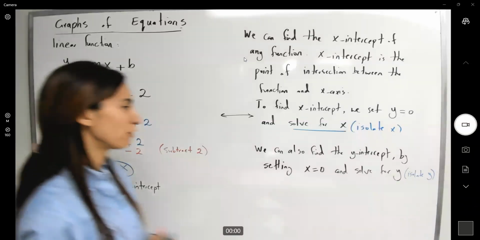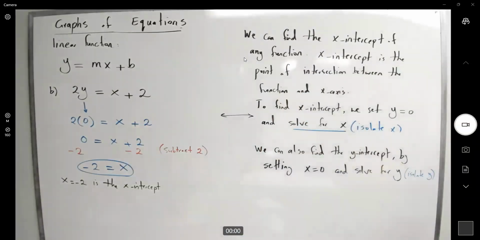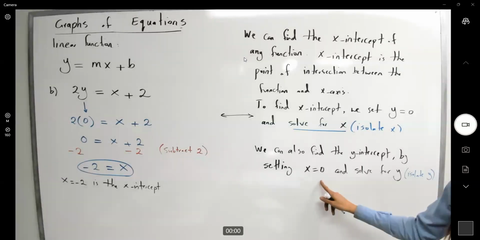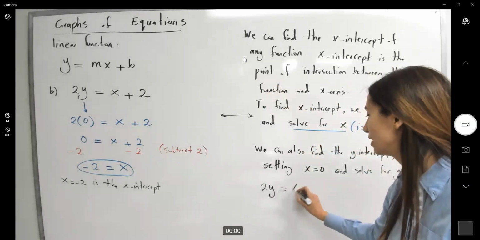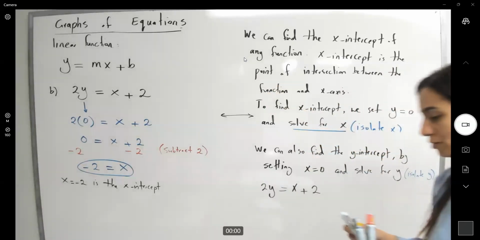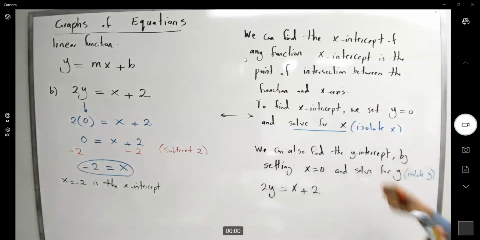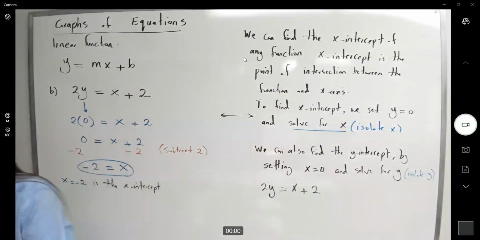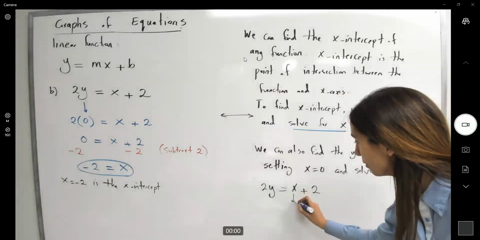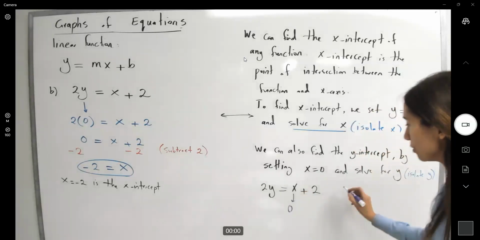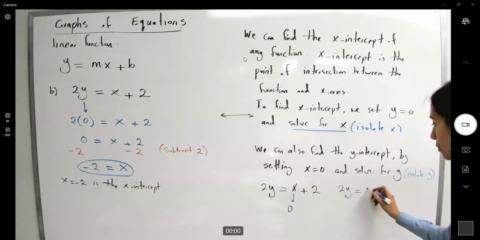But if I want to find the y-intercept, I have to set x equal to 0. So let's copy down the equation. 2y is x plus 2. So now set your x equal to 0. Let me use a different color. My x is 0, all right? So I have 2y equals 2.